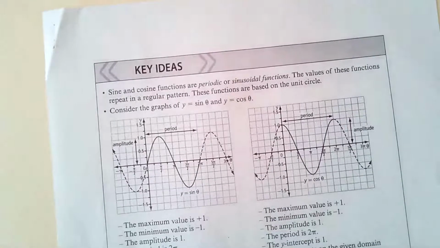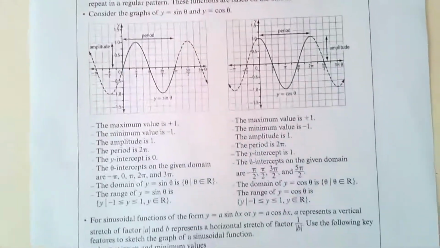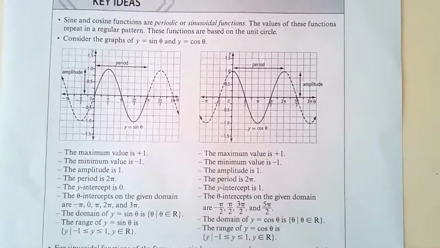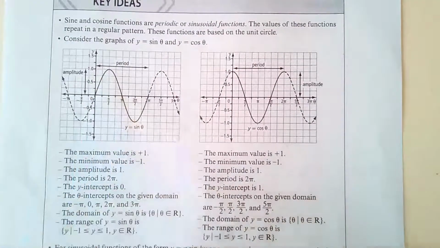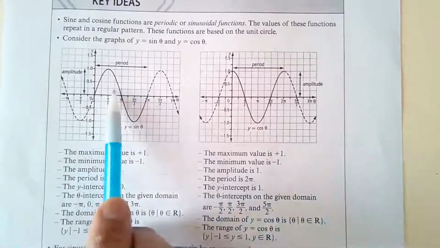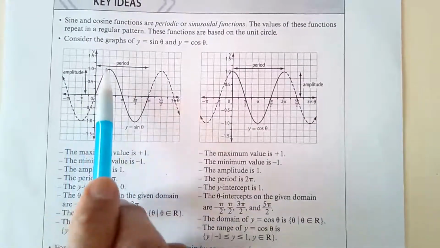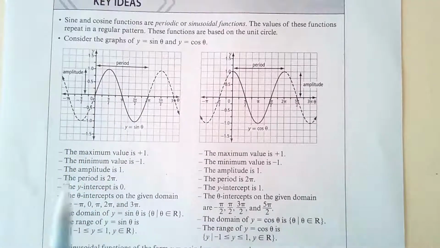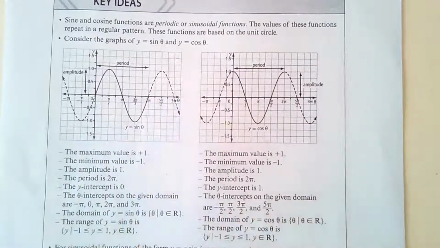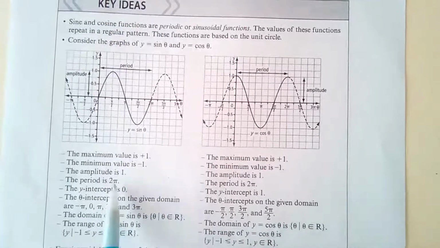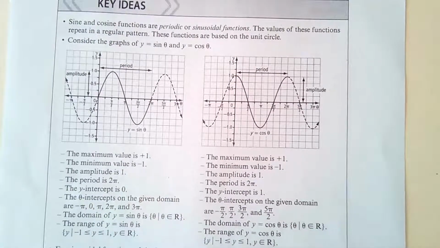So that ends this lesson and this is a summary. Just remember the amplitude is the midline to the maximum, midline to the minimum. The midline is halfway between the maximum and the minimum. The period for a standard y equals sine theta or y equals cos theta is 2 pi, and the y-intercept result is 0.